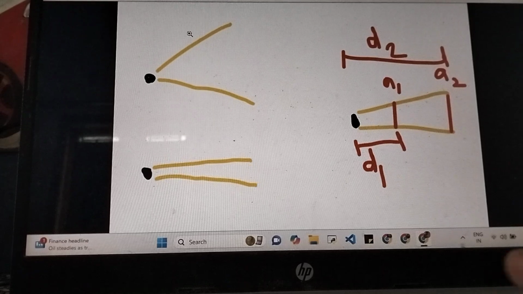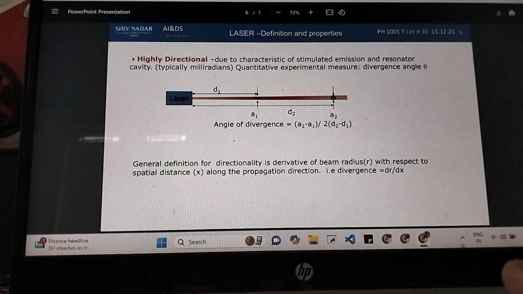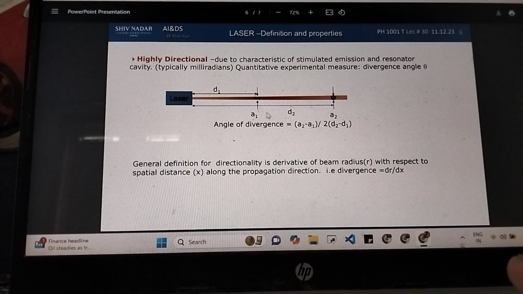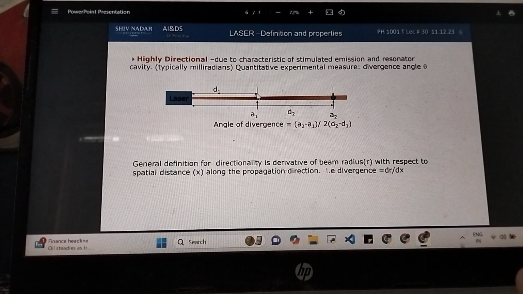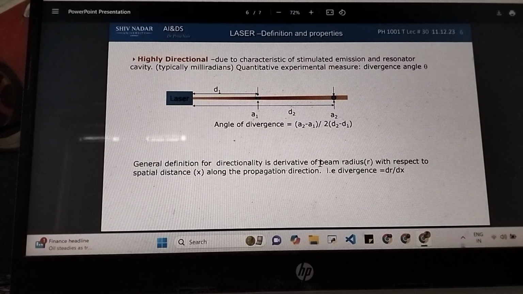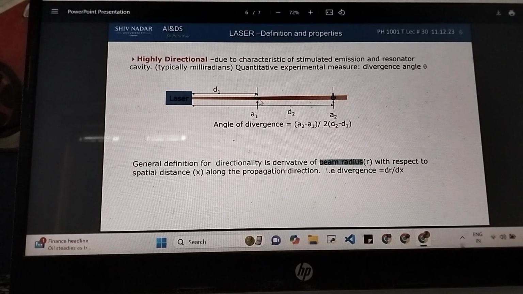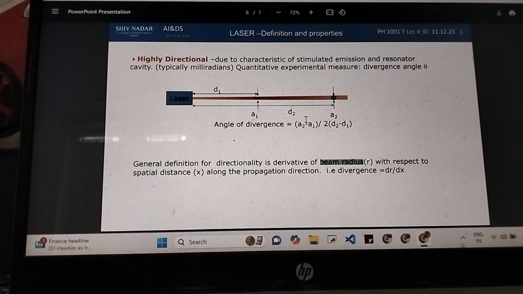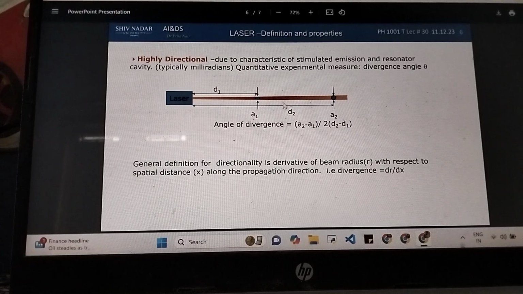And then using that, how do we compute directionality? (A2 minus A1) upon 2(D2 minus D1), where A1 is the beam diameter at a distance D1, and A2 is the beam diameter at a distance D2. We generally take the beam radius instead of the diameter, so since A1 and A2 refer to the diameter of the beam, we divide by 2 to get the radius.